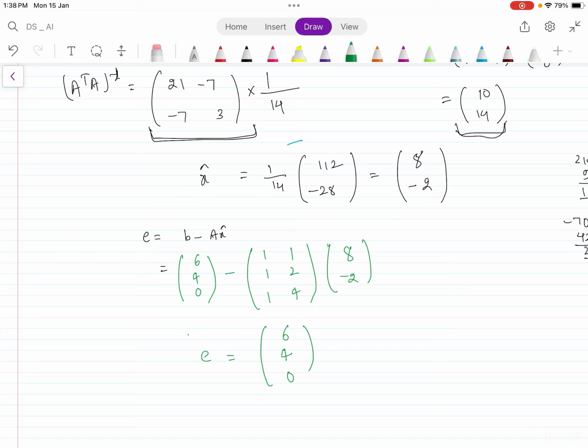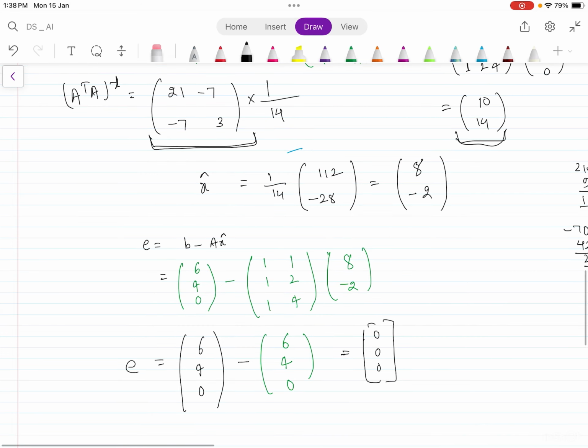So this is what we get. No, this is not the e, so we will have to subtract this from b. So b is 6 4 0, and that will give e, which is 0.